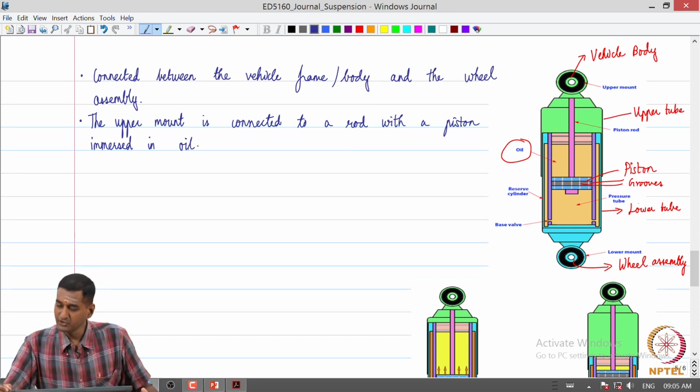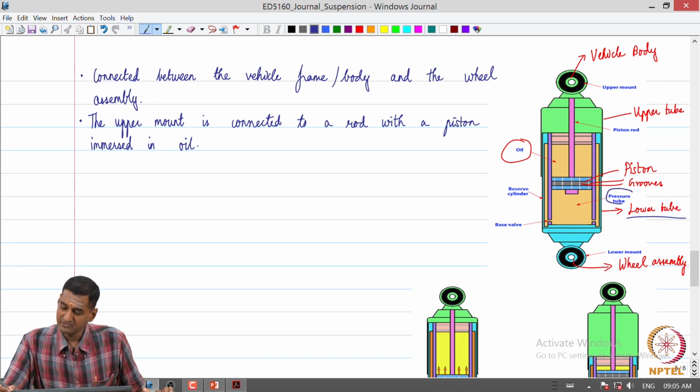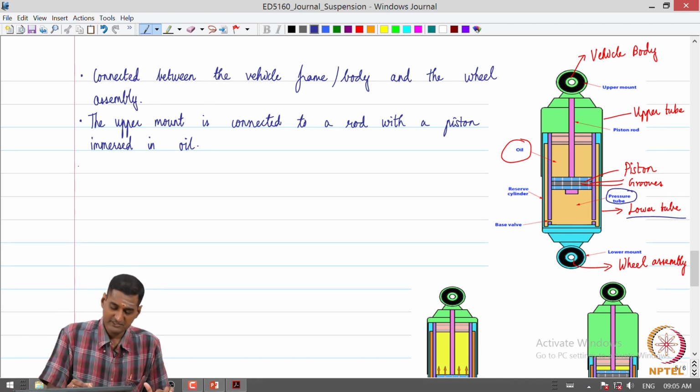This lower tube, in which the piston moves, is called a pressure tube.